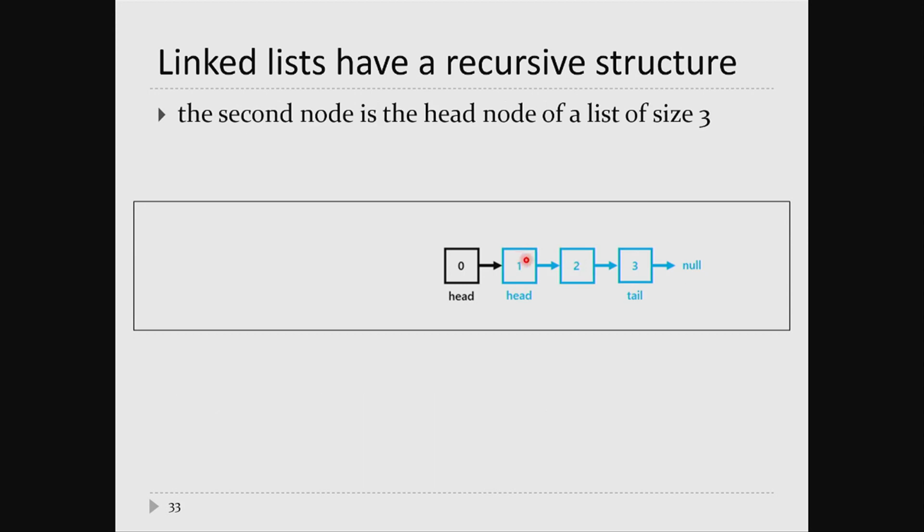The second node, the one in blue, is the head of the list shown in blue. The third node you can think of as being the head node of the list shown in purple. And the fourth node you can think of as being the head node of the list shown in orange.